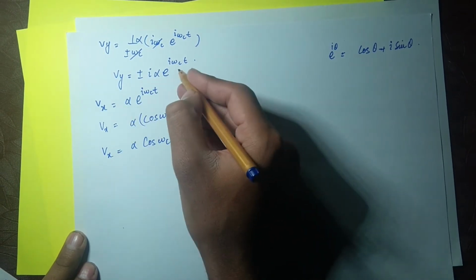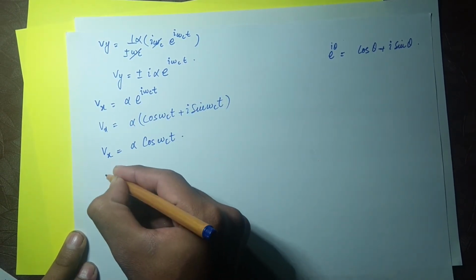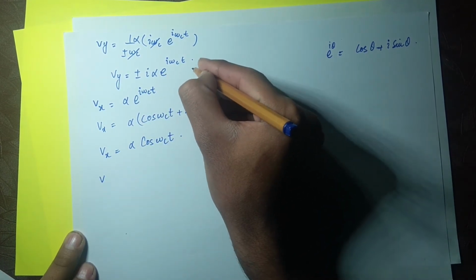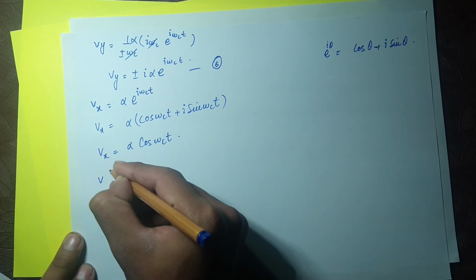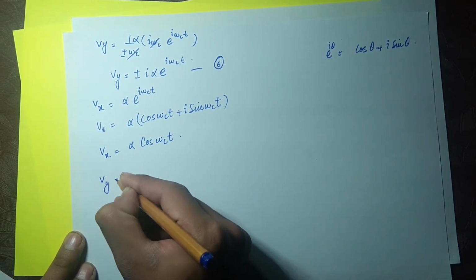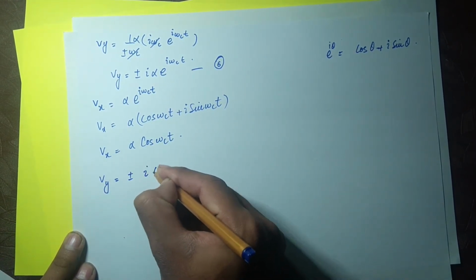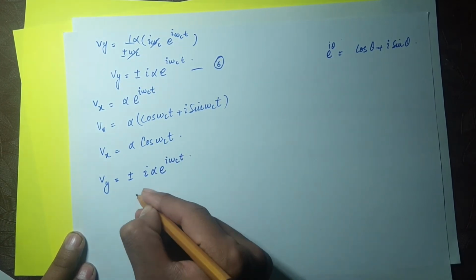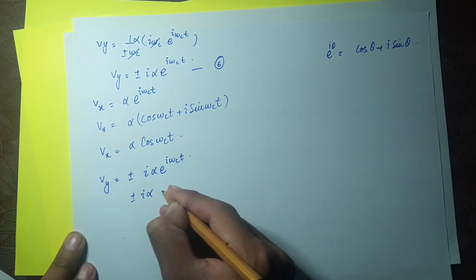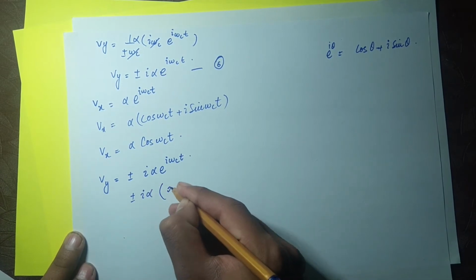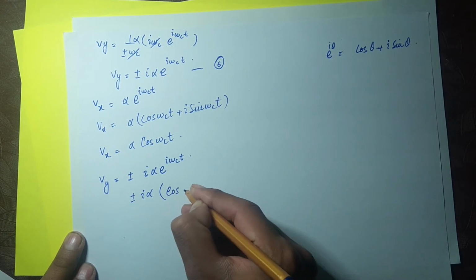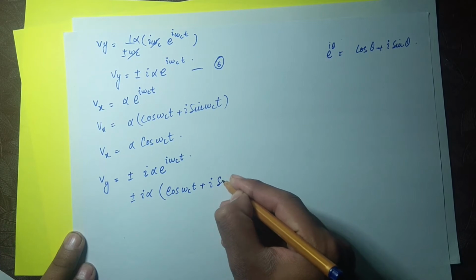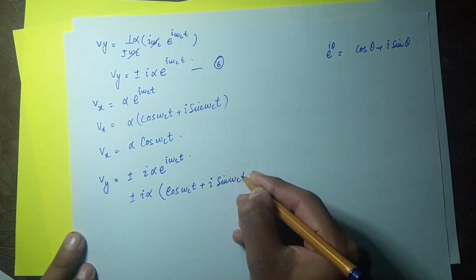And for the other one, v of y is equal to this term. If we name this equation number 6, then from equation 6, v of y equals plus minus iota alpha e power iota omega c t. So we can write plus minus iota alpha into cos of omega c t plus iota sine of omega c t.